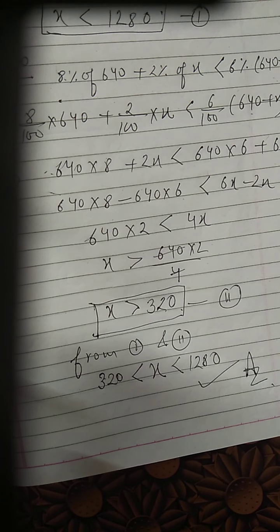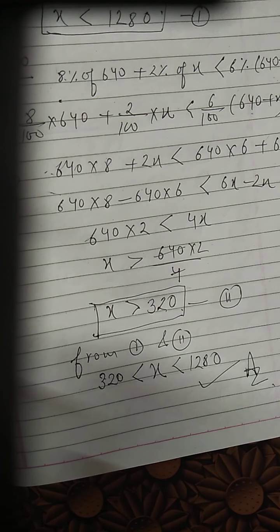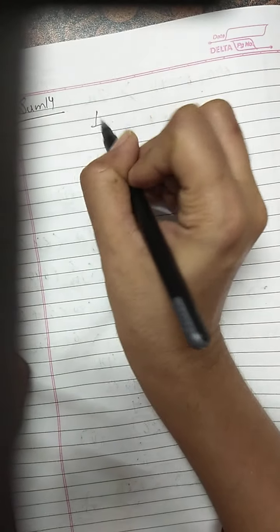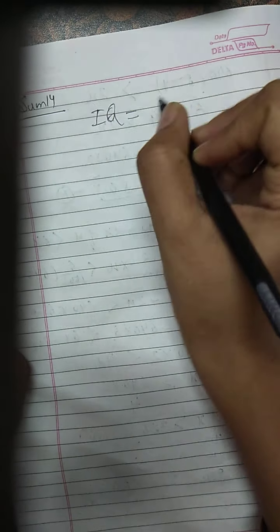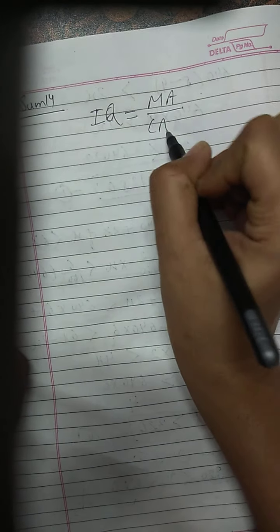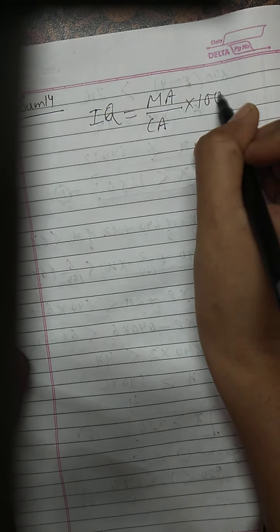Now we will discuss the last sum. I will just give you the hint for the last sum and you people will be able to do that as well. So sum number 14 statement is: IQ of a person is given by the formula, mental age divided by chronological age into 100.